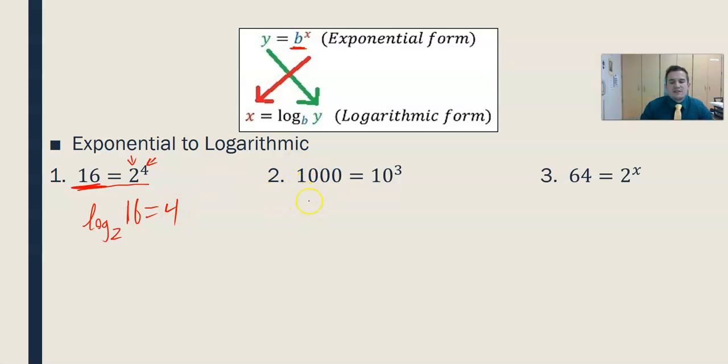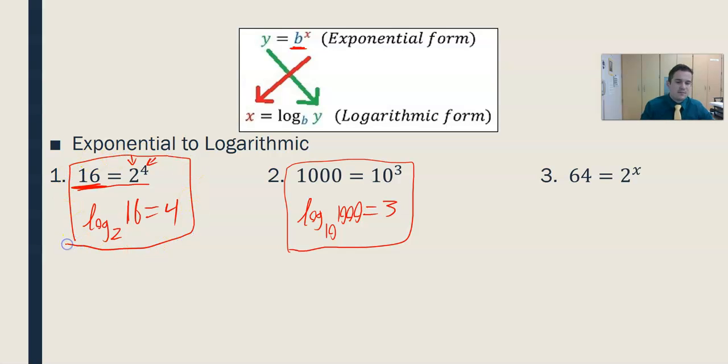Here, 1,000 is equal to 10 to the 3rd. I would rewrite that as log base 10 of 1,000 is equal to 3, which says the exponent I'd put on this base to get 1,000 is 3. These two expressions are the same. They are just opposites of each other.